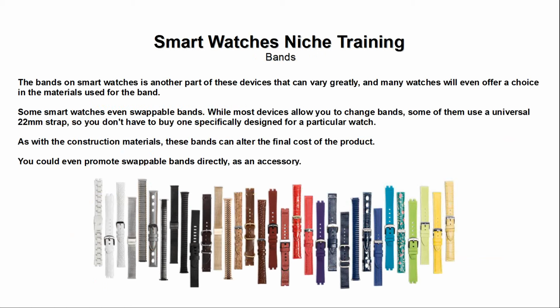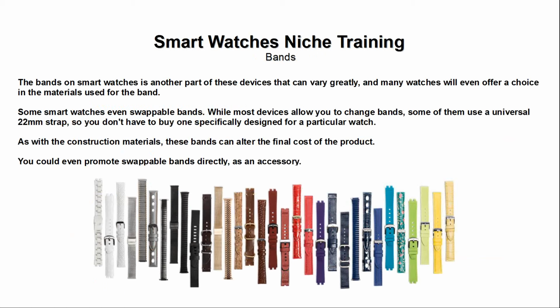Some of these watches will even have swappable bands. What I mean by a swappable band is, on pretty much any of these smartwatches, you can change out the band. You can remove the band and replace them with another band.